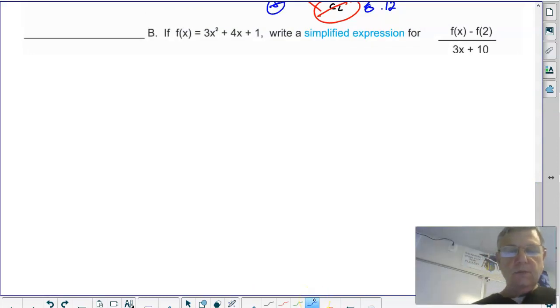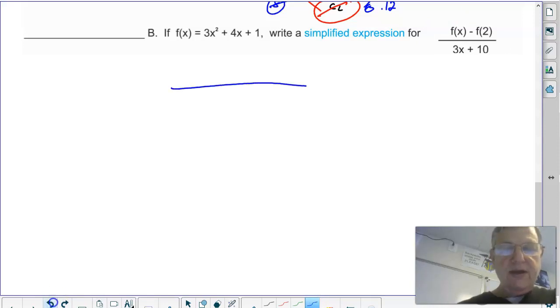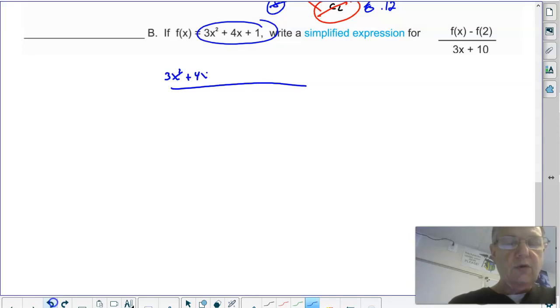Last one. All right, so you look at this expression, you have to understand functional notation. So our numerator is f of x, which is 3x squared plus 4x plus 1. But then it says minus f of 2.